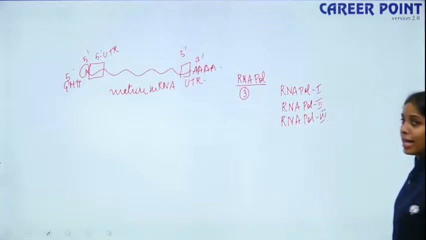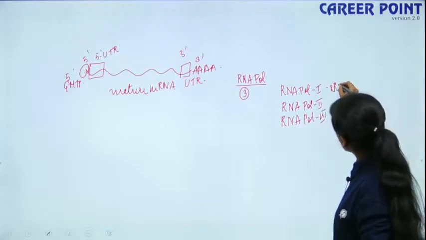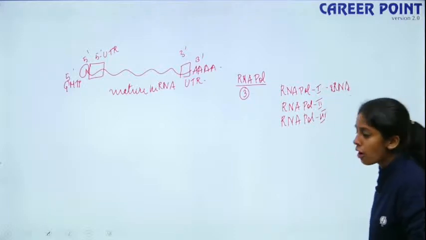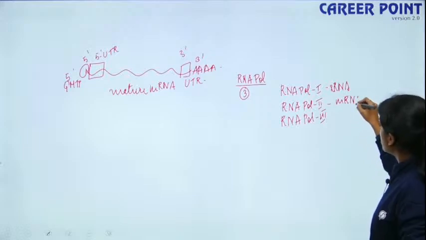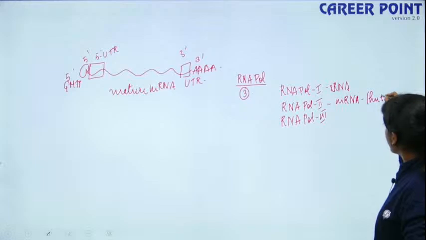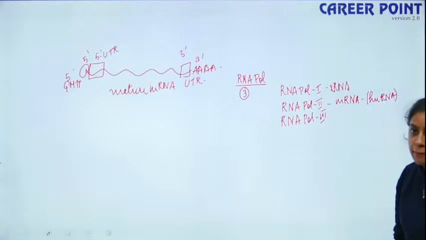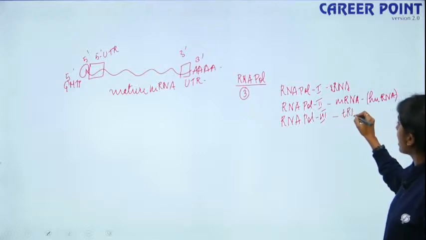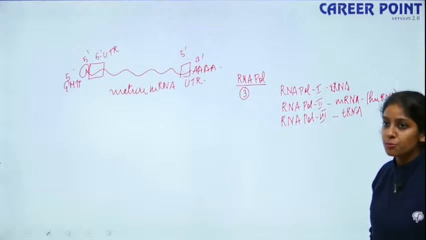So RNA polymerase 1 catalyzes rRNA formation, but here our mRNA is being formed. So this catalyzes mRNA. So this is also known as heteronuclear RNA because it has a cap and a tail, right? And this catalyzes your tRNA formation. So this is how the process of transcription happens.